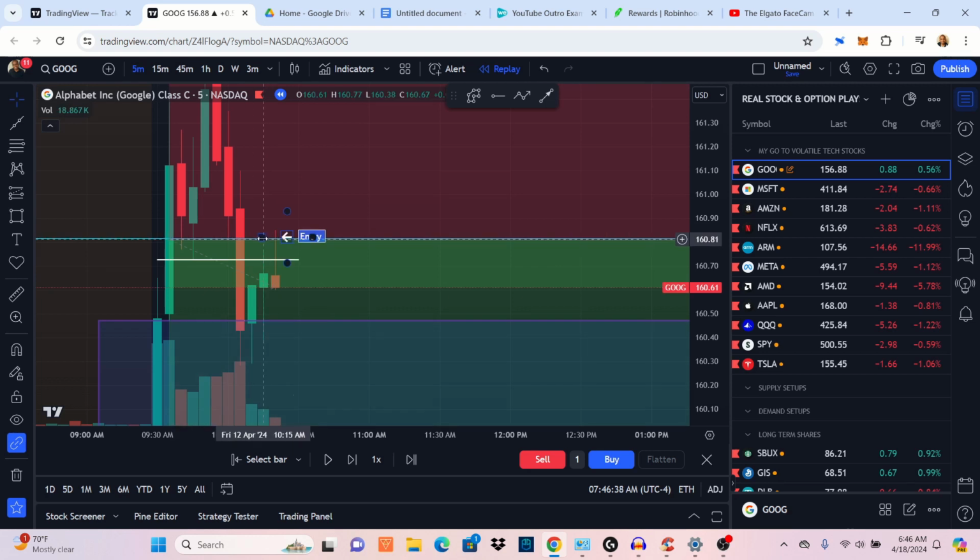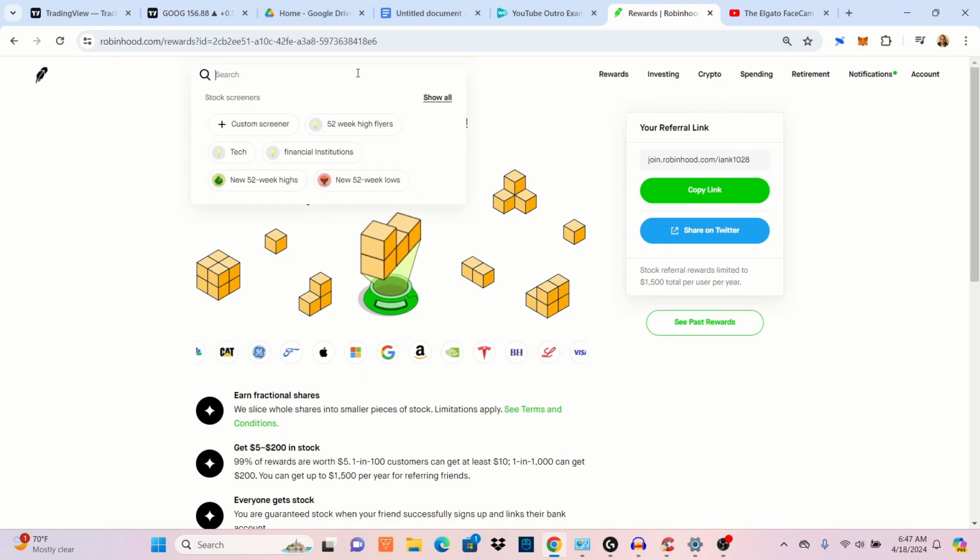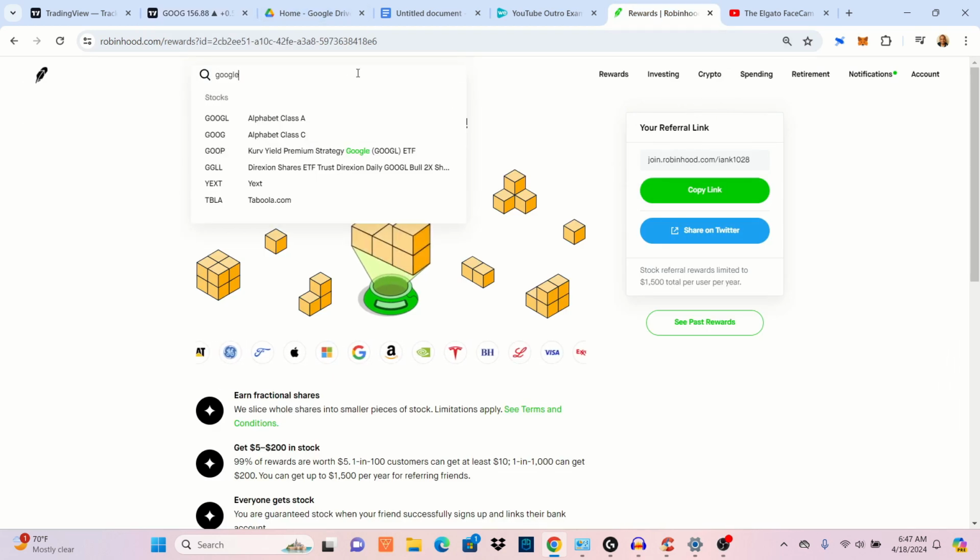This is me fading that move, meaning I'm not waiting for it to close here. I'm taking that position right away because my assumption is it most likely filled this gap with the intention to go down. Now, for my entry, you will see that that's around 920. If I take a look at my Robinhood, I took this trade. Let's see here.